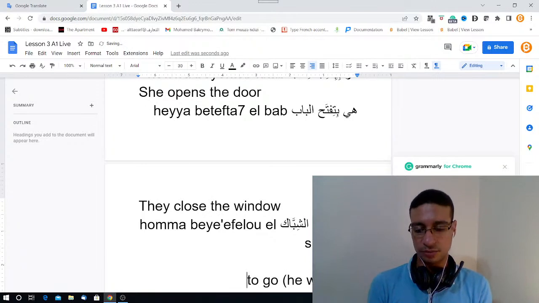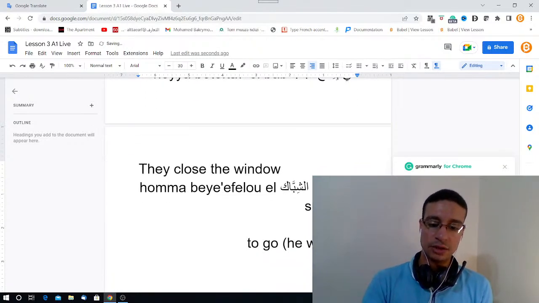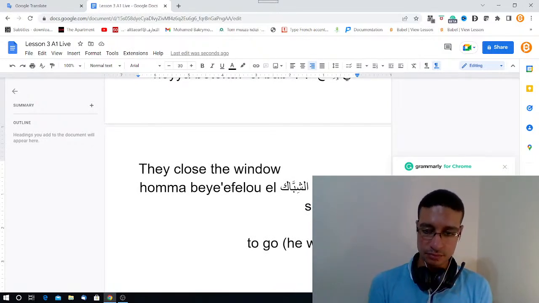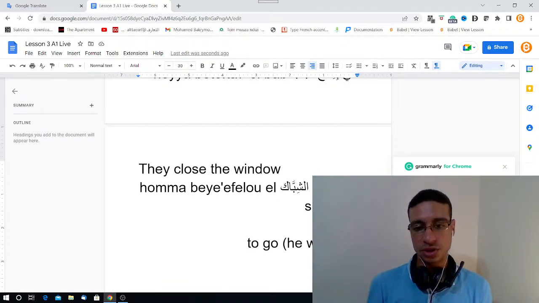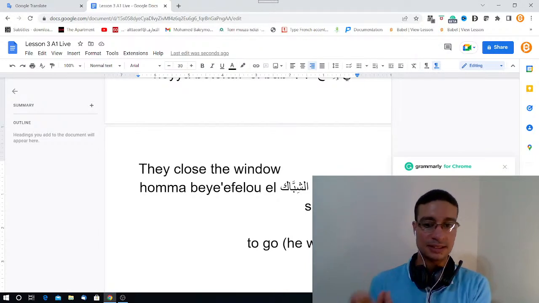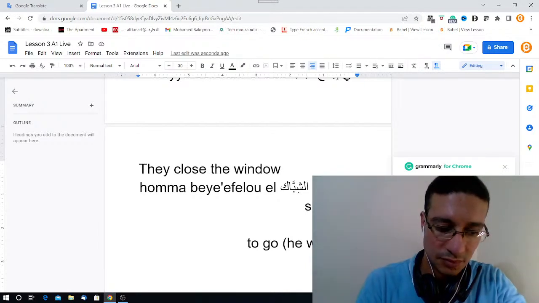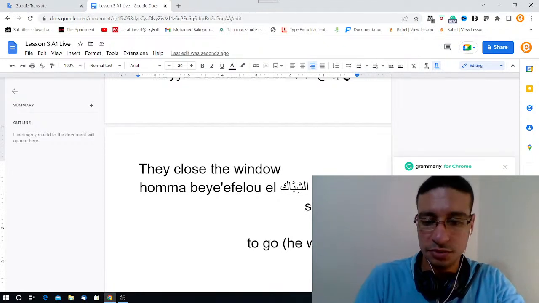This is the verb to go. Why is it irregular? Because we have alif in the middle. So how to conjugate this in the present tense? Most often there are three cases. One case is that the vowel remains the same.